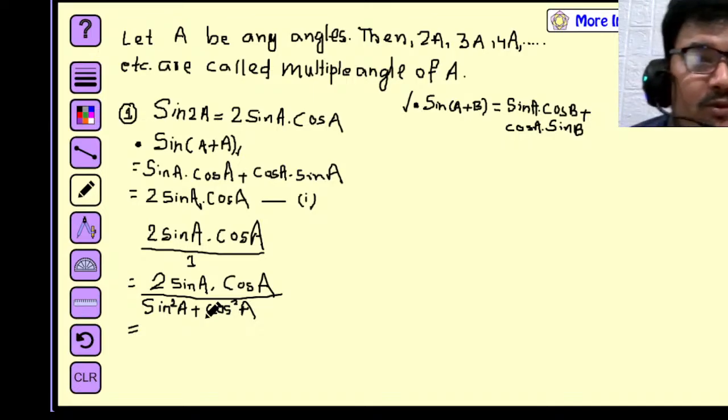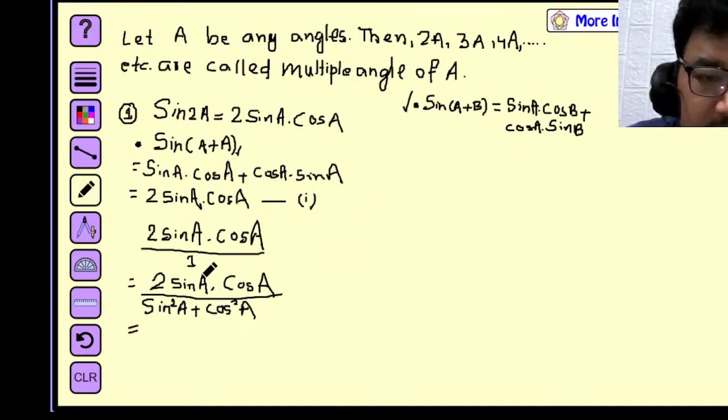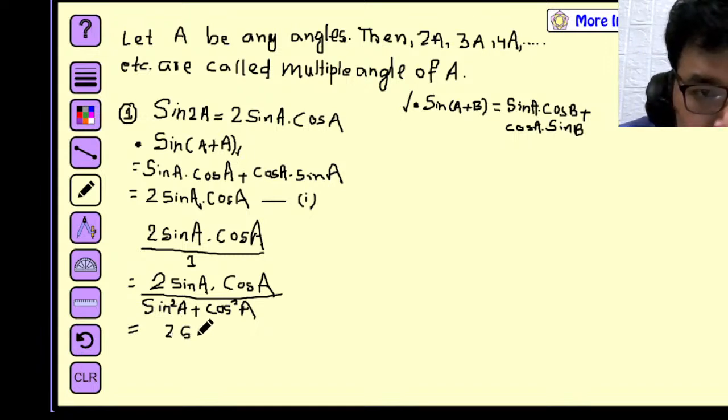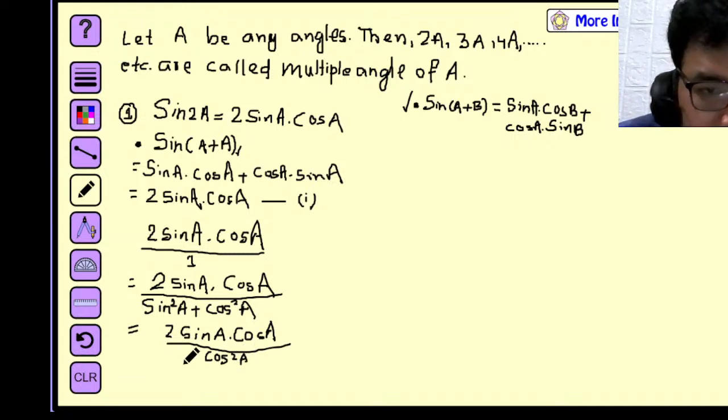That's why we have to divide its numerator and denominator by cos square A. In place of this, 2 sine A cos A, we also divide by cos square A.